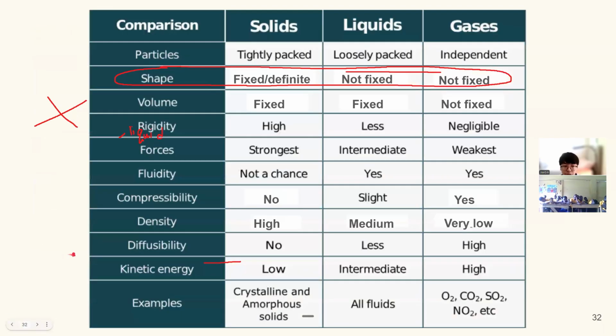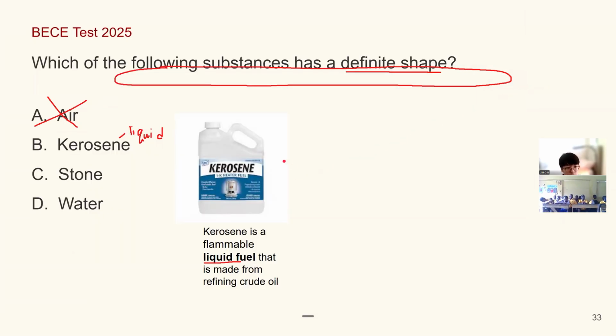Some of you guys said B, kerosene, but kerosene is a liquid and the shape is not fixed, right? The liquid takes the shape of a container and it does not have its own shape. So it's not B, it's not kerosene.